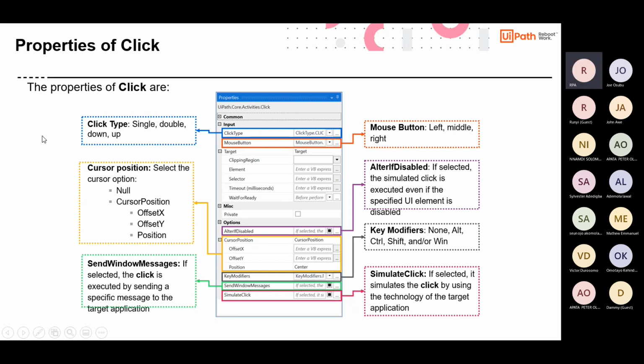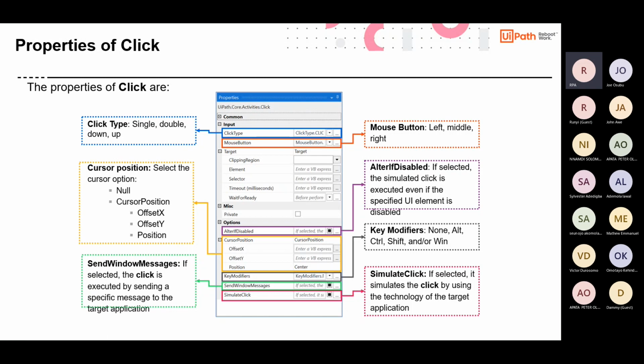Your cursor, that's the vertical bar, tells you the position of where an input is to be made. For cursor position, it could be null, offset X, Y position options.